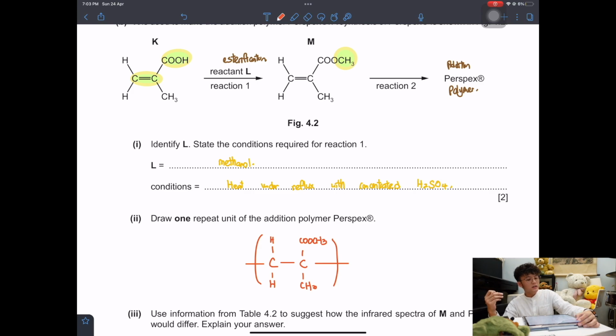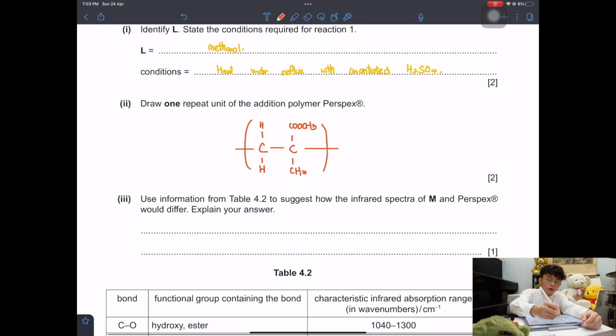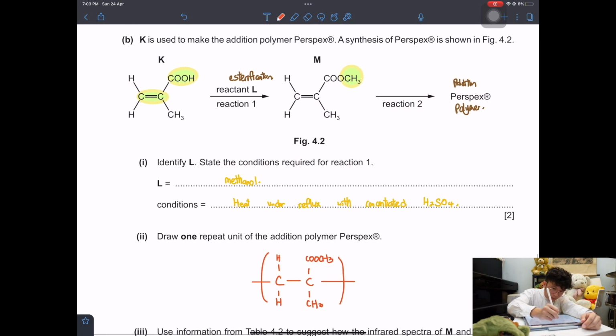Next part. Use the information from table 4.2 to suggest how the infrared spectra of M and Perspex will differ. So you see, for M, you have a double bond. But for Perspex, everything is the same except that your double bond is gone.